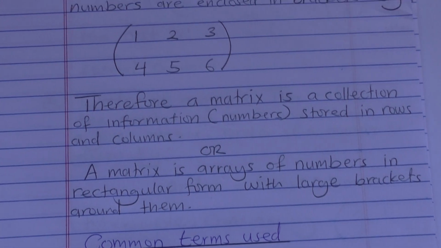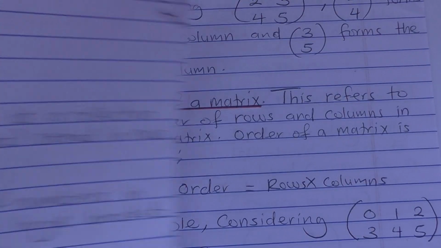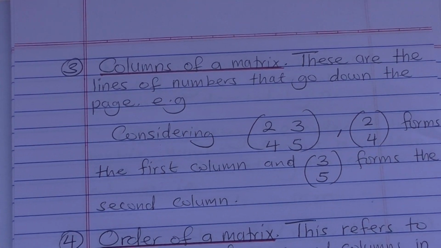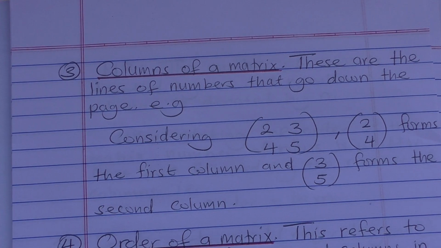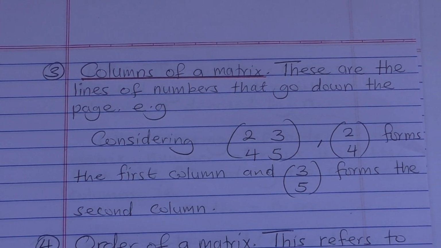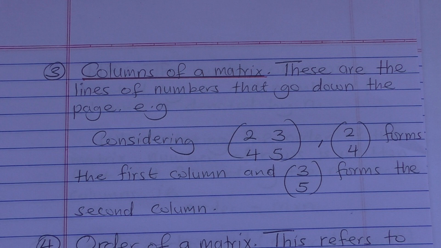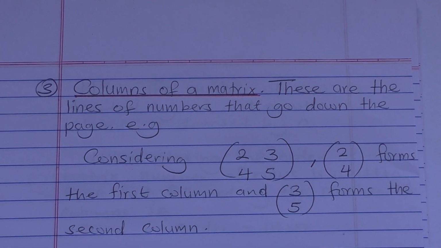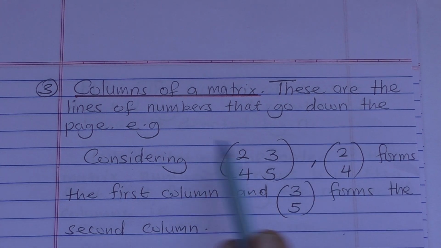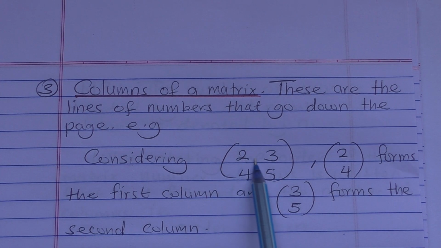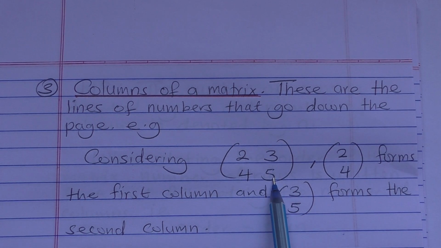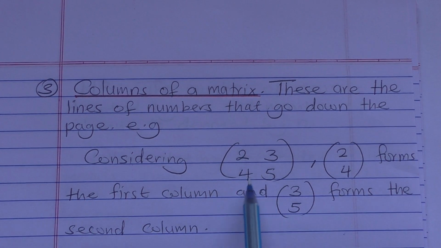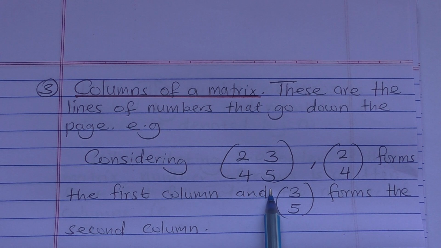Let us continue. Our third term is the columns of a matrix. Columns of a matrix are simply the lines of numbers that go down the page. For instance, we are using the same matrix. We saw that these that go across were rows, and now these that go down the page are columns.